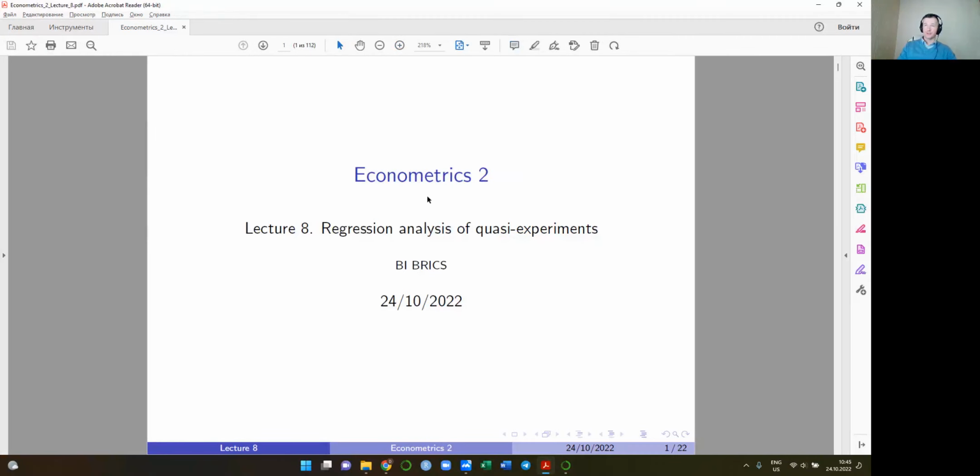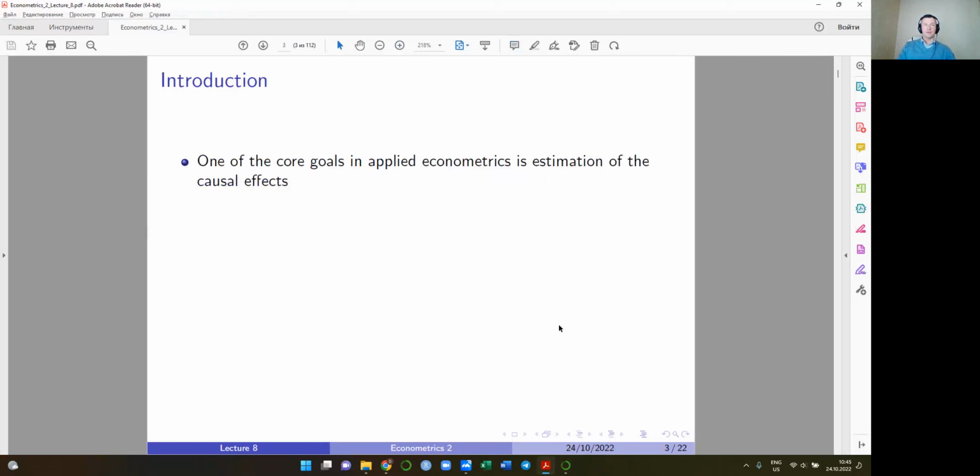Today we finish the first part of this course about special techniques for estimating the causal effects based on cross-sectional and panel data. Just a reminder, that's what I'm talking about every class, that our primary goal is to estimate the causal effects. Last time we also called them treatment effects.